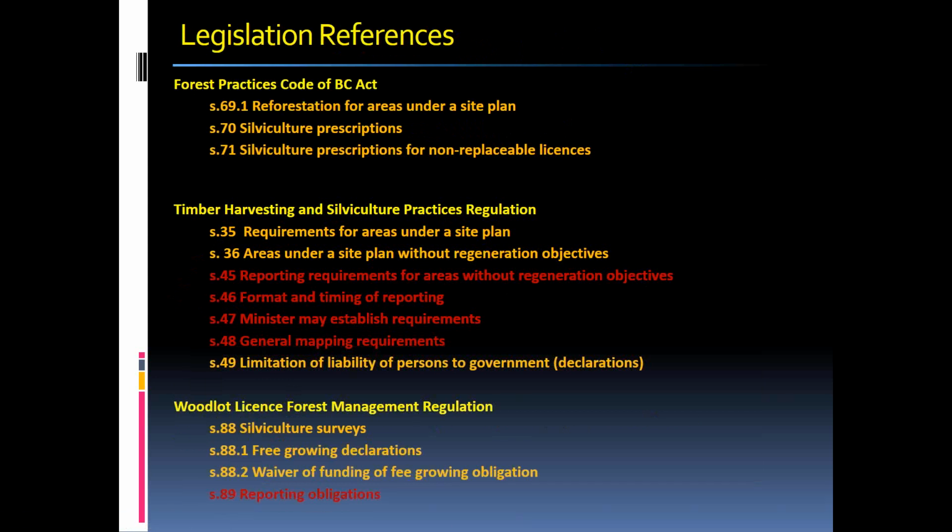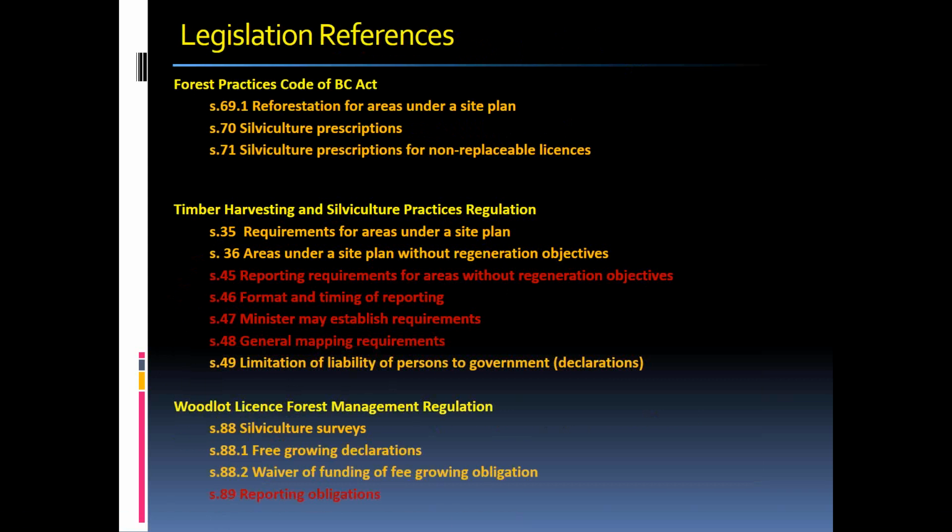So this will start getting into things like the form and manner of reporting or the content requirements of what is supposed to be supplied as a part of the reporting requirements. And then maps as well, and what is required to be contained within the maps. And then there's also declarations that do take place, and if there are declarations, that also gets supplied to the ministry as well.